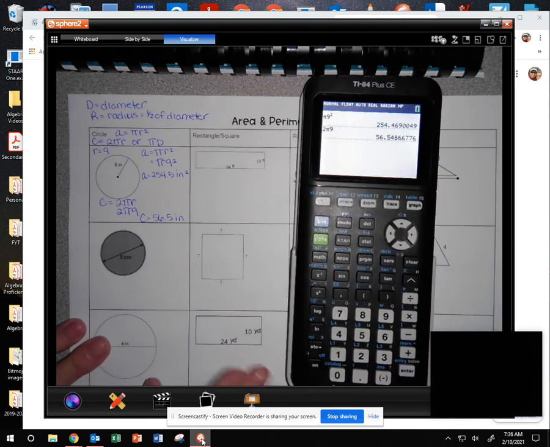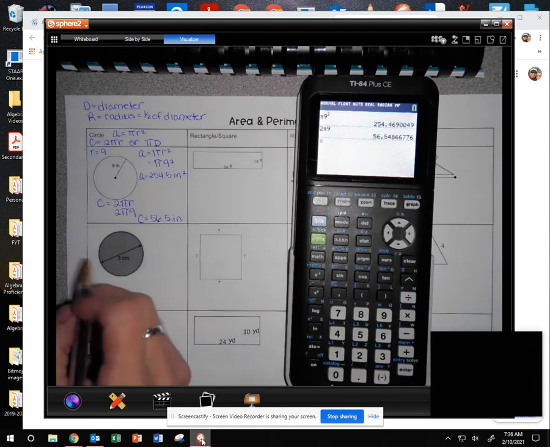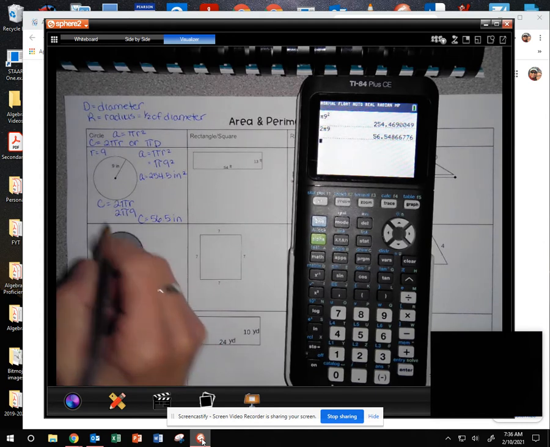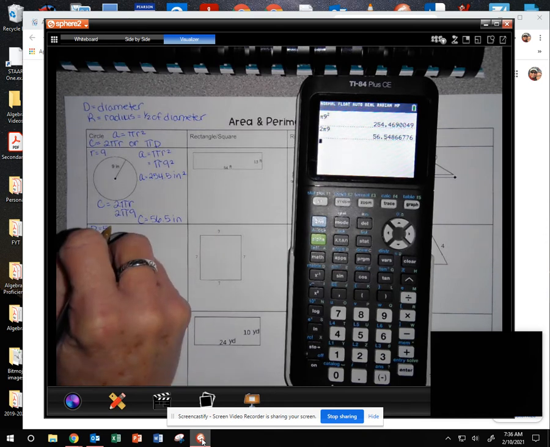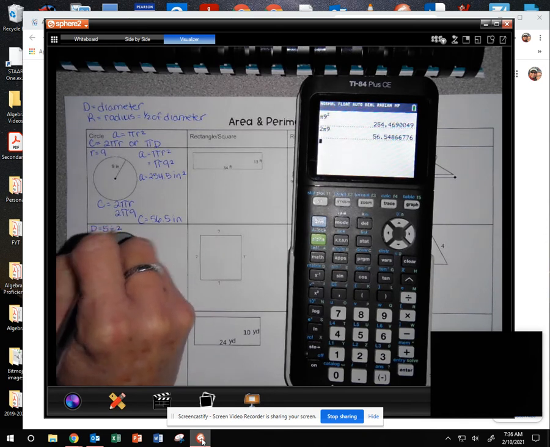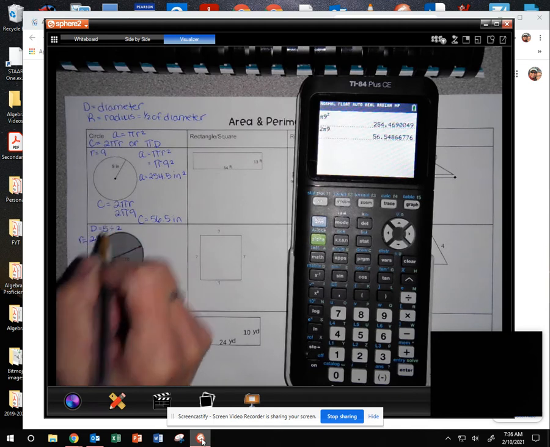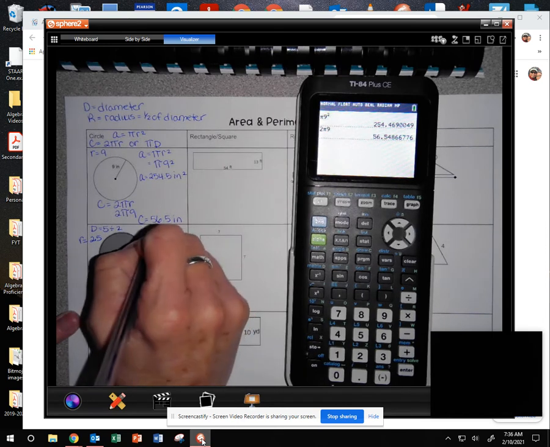Okay, let's look at the next one. So here I have another circle. This time, the line goes all the way across this circle. So this is my diameter. And then I want to divide that by 2 to find my radius, which is 2.5. Okay, and we're still going to find our area.